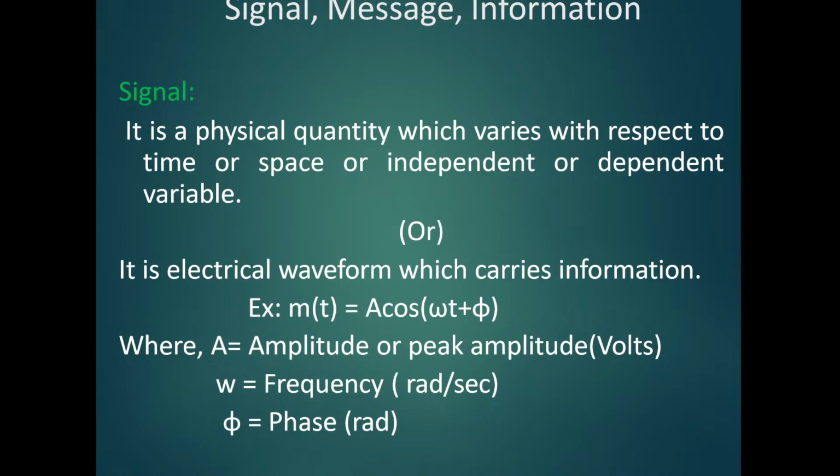Now let's understand what signal means, or message or information. A signal is nothing but a physical quantity that varies with respect to time or space, right? It is an electric waveform which carries information. For example, this is a signal m of t, m of t equals A cos omega t, right? This is an example of a signal, an electrical waveform carrying information.